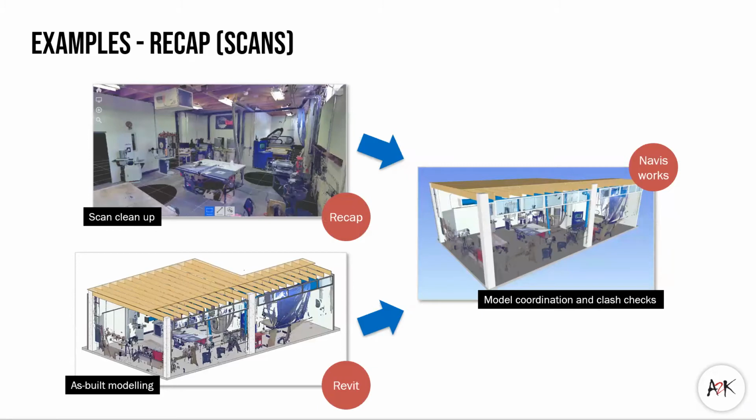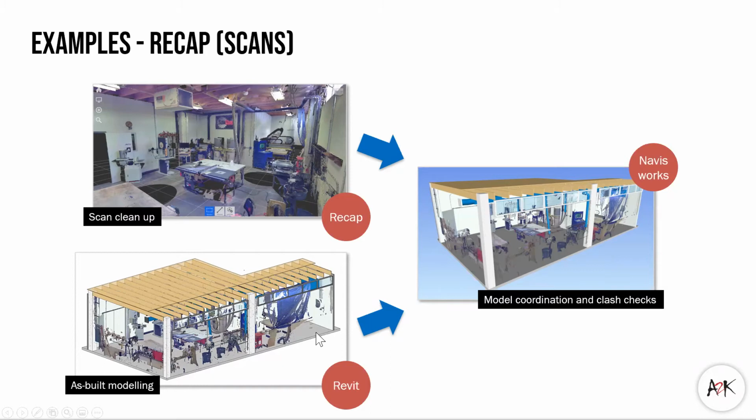The second example is utilizing similar laser scanned information, again, so that we can clean this information up, but then we can put it into other authoring tools such as Revit. We can see in that image in the bottom left-hand corner that we have a Revit model with some augmented scan data, but it's not all the scan data that's included within that Revit model. You can quite clearly see that we've got our scans and we've got Revit modeled elements.